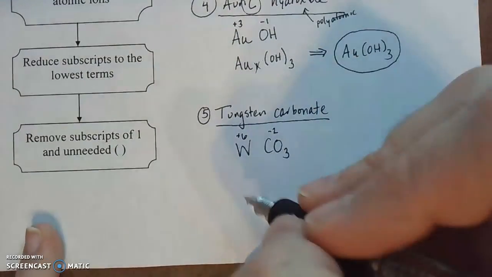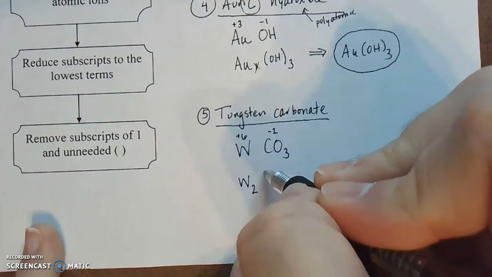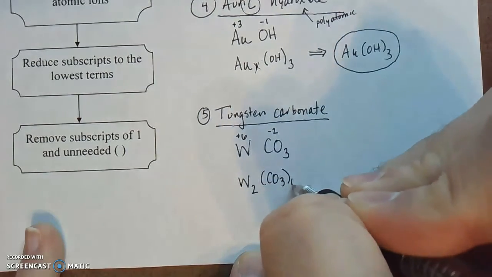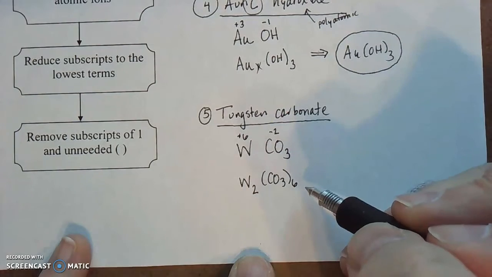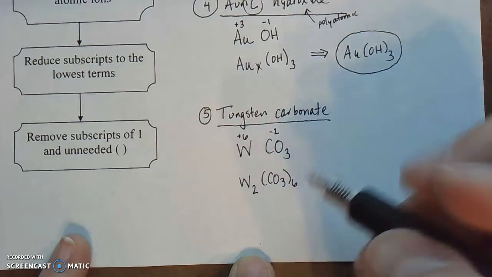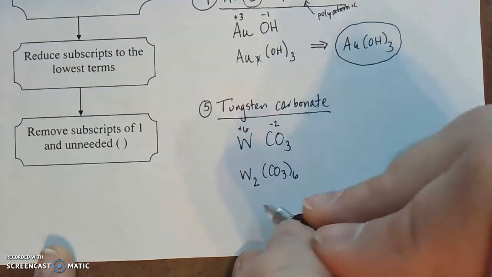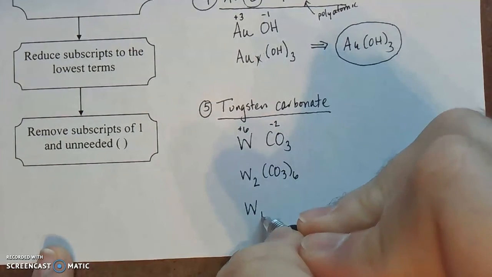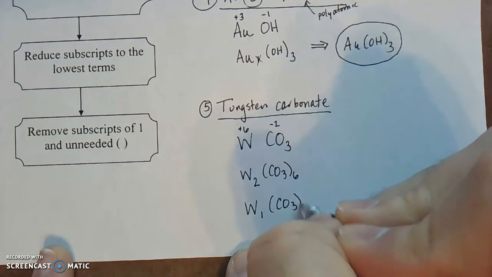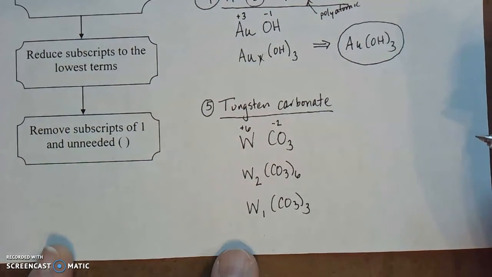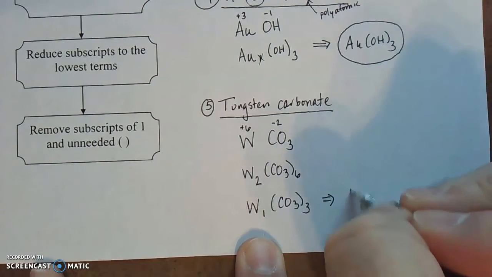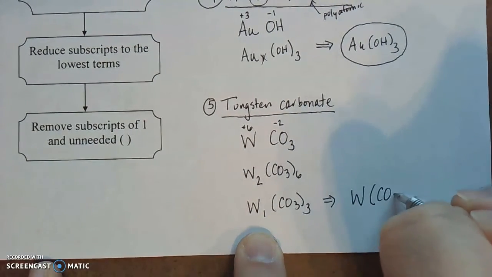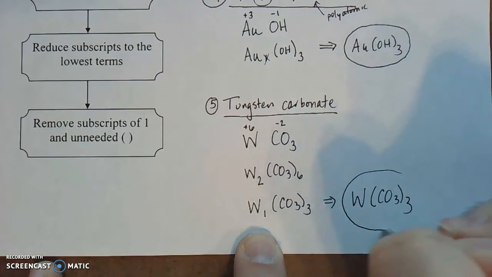So we cross the charges, W2 (CO3)6. 2 and 6, not lowest terms. We can divide both of them by 2. So we get W1 (CO3)3. Well, that doesn't look quite right because we don't need the 1. So we get W(CO3)3 as our final answer.